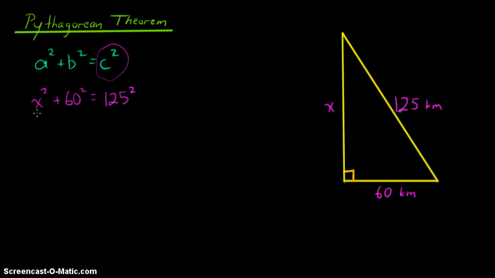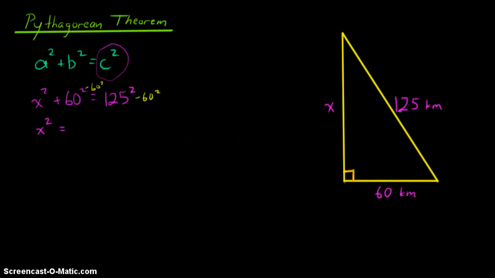And so we're going to have to isolate that variable. So since 60 squared is being added, we're just going to do the opposite operation, and that should get rid of it for us. Right, so we can write it this way. I'm going to cheat a little bit here. Skip the step. So we're going to end up with X squared equals, because notice these 60 squareds cancel out, 125 squared minus 60 squared.